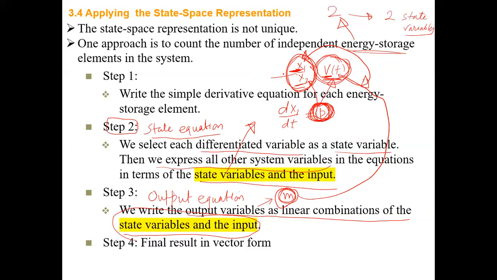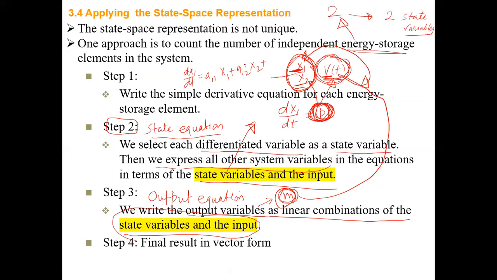If it is missing, it means that coefficient is 0, right? Remember, we had dx1/dt equals a11 x1 plus a12 x2 plus, you know, that kind of thing, right?